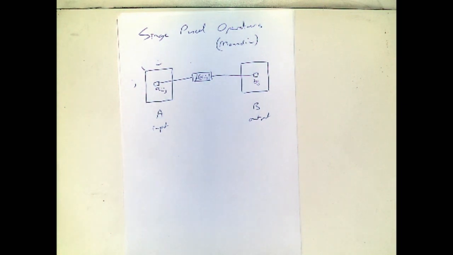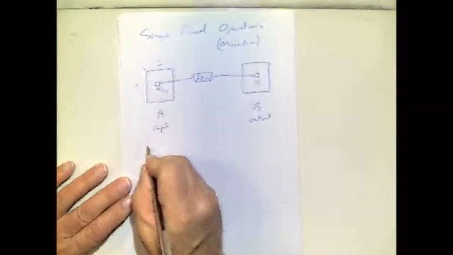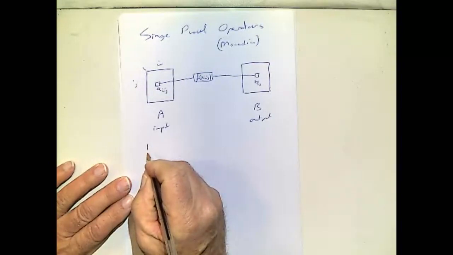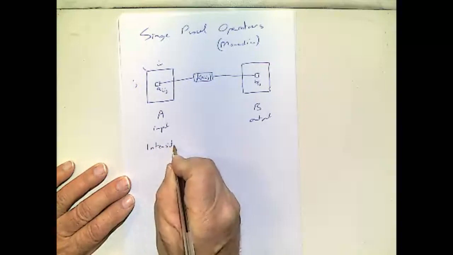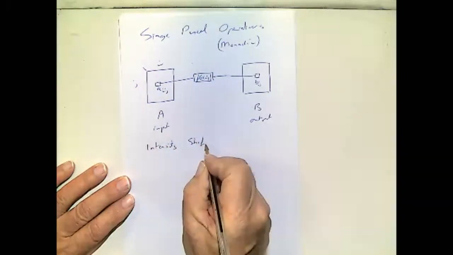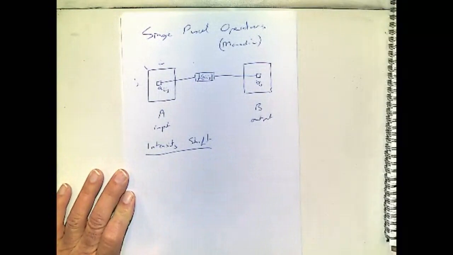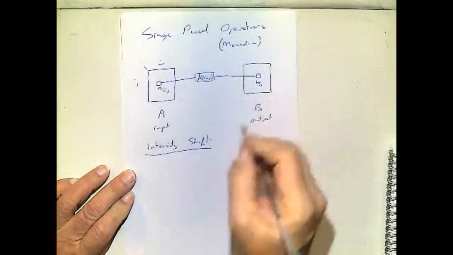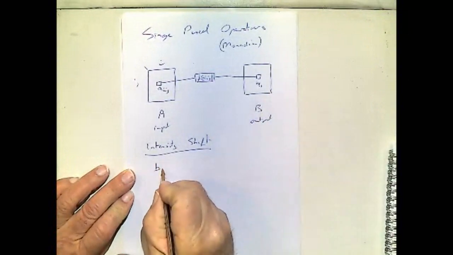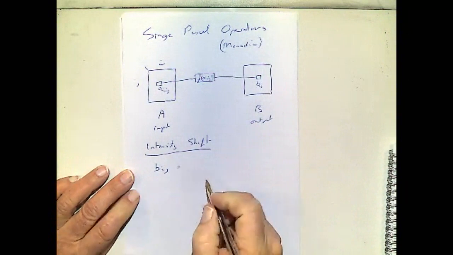So, what can we do with monadic operators? And the first algorithm is image intensity shift. And the intensity shift is the output pixel, Bij, and I'll use the notation in these.